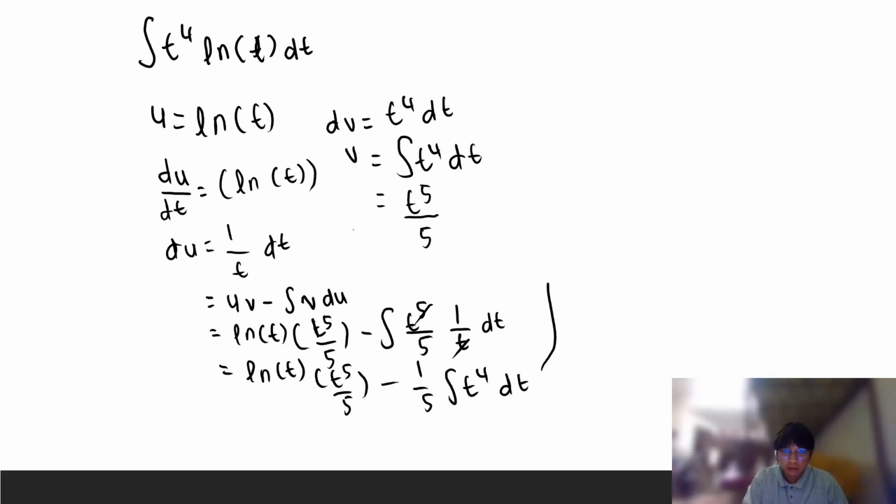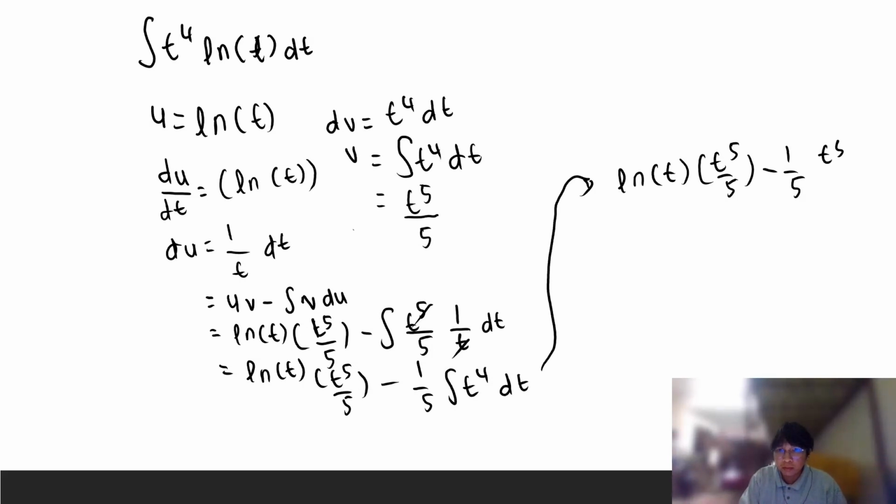So next we bring the ln t to the power of 5 over 5 minus 1 over 5, and we integrate the t to the power of 4. It will become t to the power of 5 over 5.